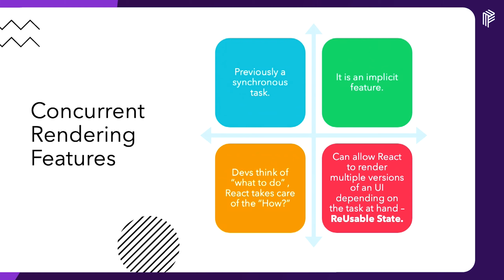This concurrent feature is very implicit. As developers, you can't see it upfront, but most of these are under the hood changes to the foundations of React itself. As devs, we can think of what we need to do for the UI to render something, and React takes care of how it does it under the hood.